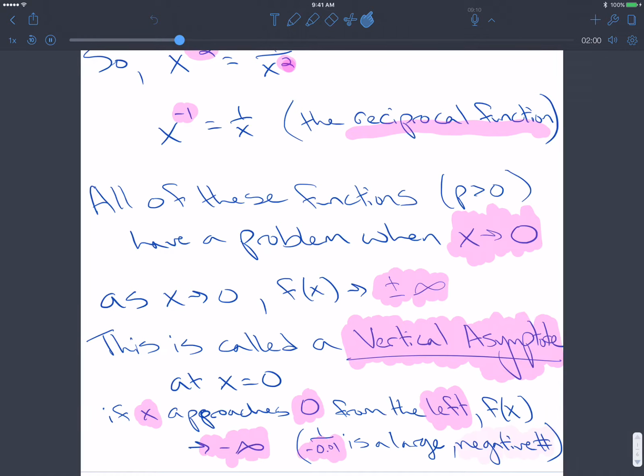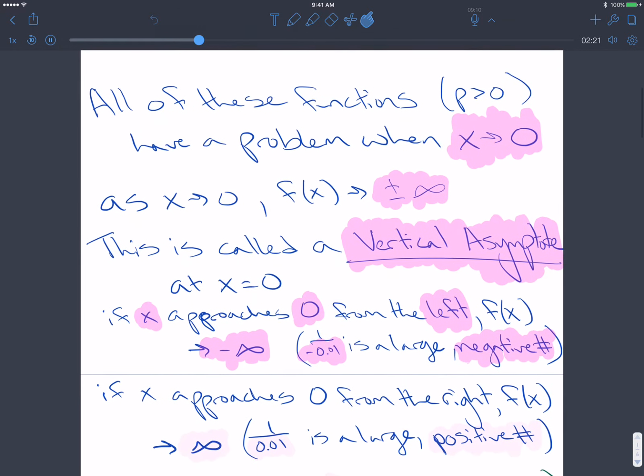If I take 1 over negative 0.01, I'm going to end up with negative 100, which is a large negative number. So I know that the closer and closer I get to 0, the more large and the more negative that value will be. That's what tells me that as I approach 0 from the left, f of x will go to negative infinity.